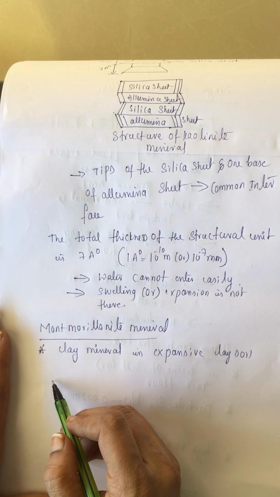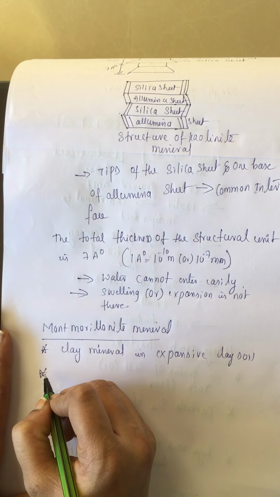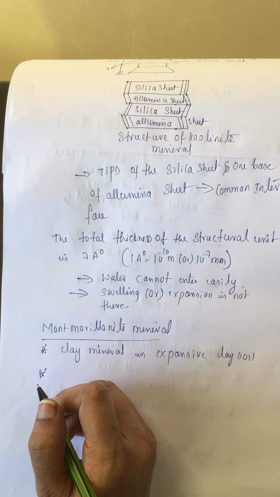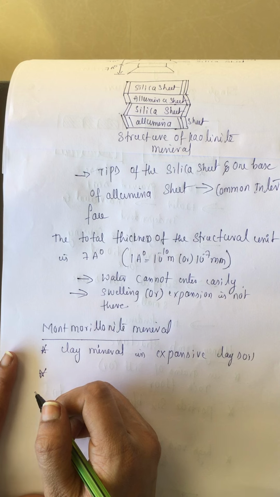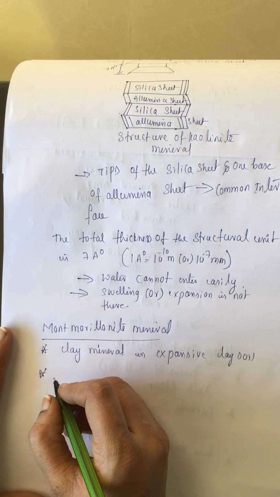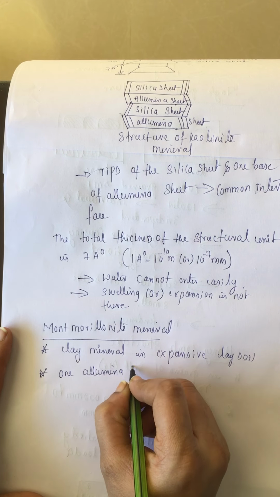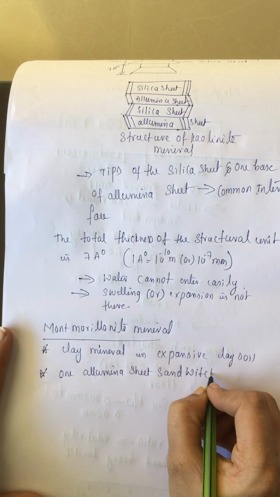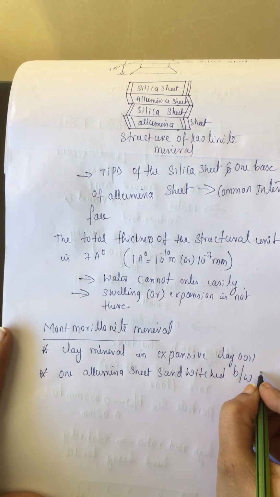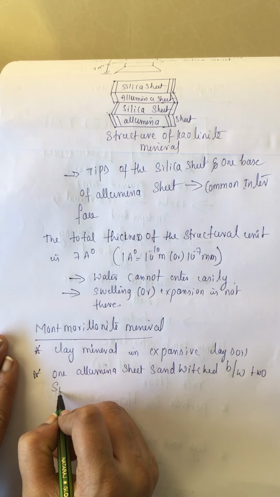The basic structural unit consists of an alumina sheet sandwiched between two silica sheets. In kaolinite, one alumina sheet is combined with one silica sheet. But here, the basic structural unit consists of one alumina sheet sandwiched between two silica sheets.